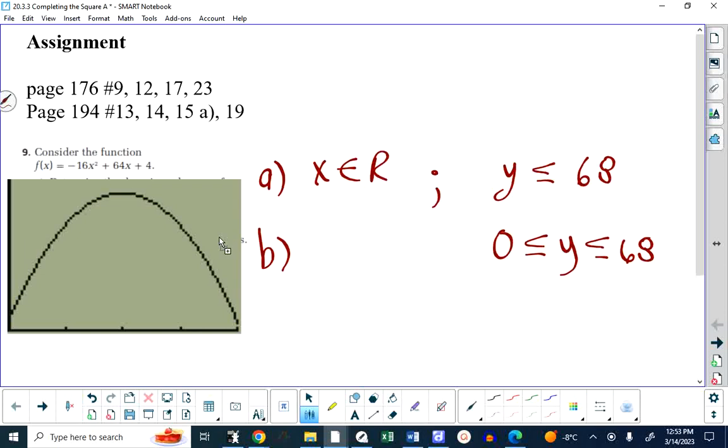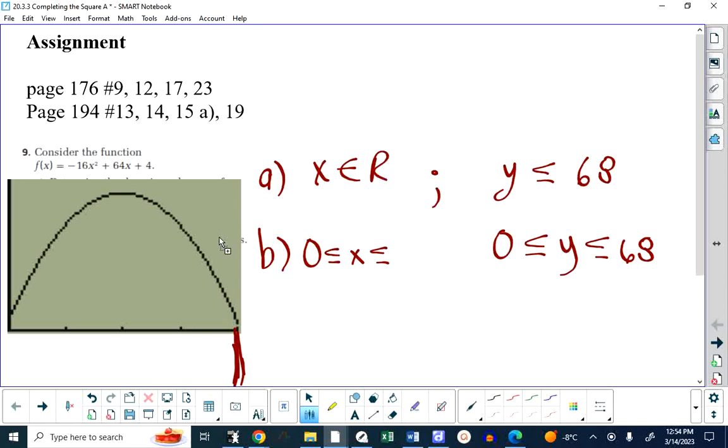Because it goes from 0 at some point, it's on the ground at some point, whether it's at the end or the beginning, it doesn't matter. And the maximum is 68, but it can't be negative. And then for the time is going to be 0 is less than or equal to x, which is less than or equal to whatever this is. Is it 4, by the way?